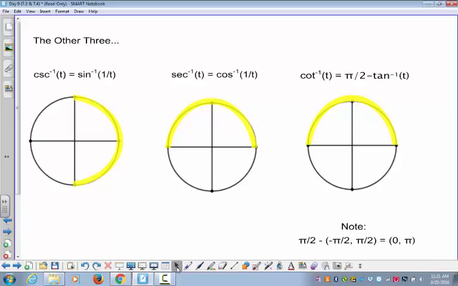The first period of tangent goes from minus pi over 2 to pi over 2, but the first period of cotangent goes from 0 to pi. So for the cotangent function, it goes 0 to pi. So for inverse cotangent, we still want that angle to go from 0 to pi. Top half. Top half of the circle.